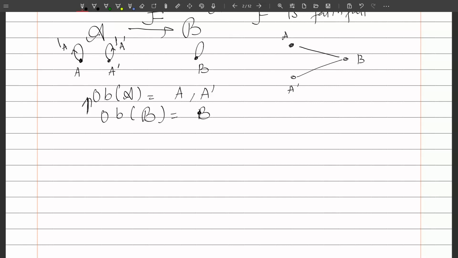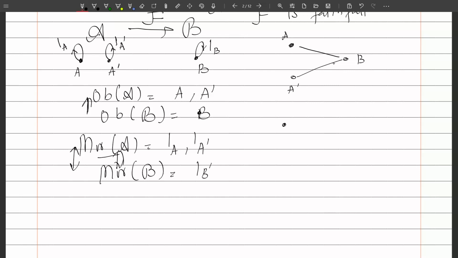Similarly, here we have the identity map 1 sub B. So the morphism class of category A is just two maps, 1 sub A and 1 sub A prime, and the morphism class of B is 1 sub B. Again, this functor is a map between these two classes as well. It takes the morphisms 1 sub A and 1 sub A prime and maps these two morphisms to the same morphism, which is 1 sub B.